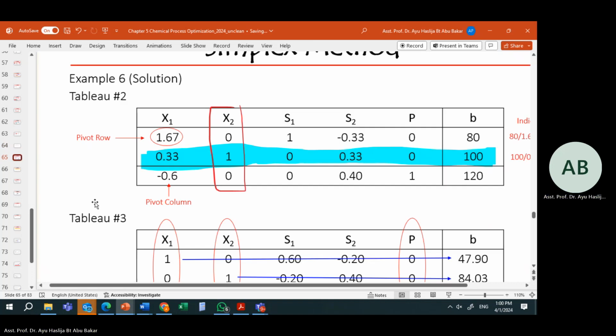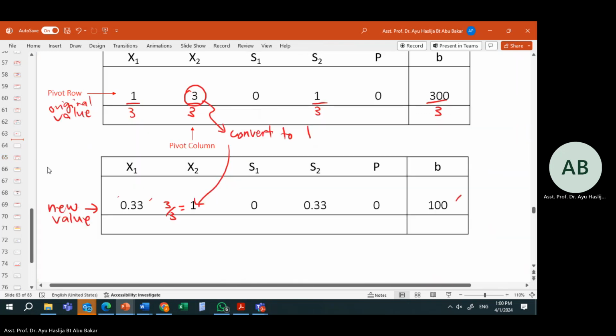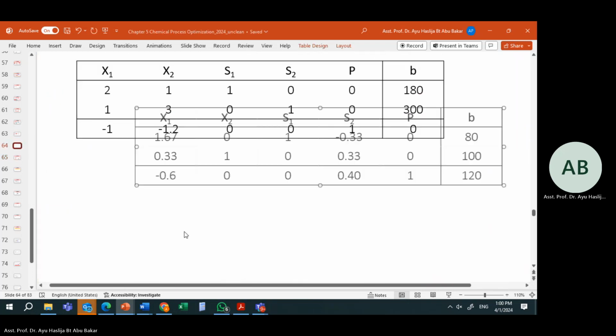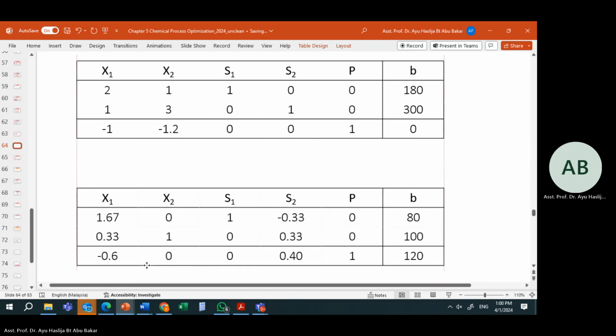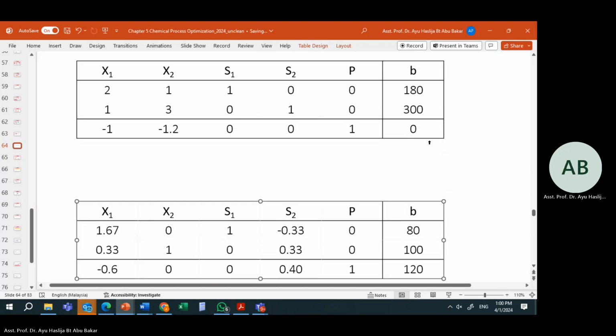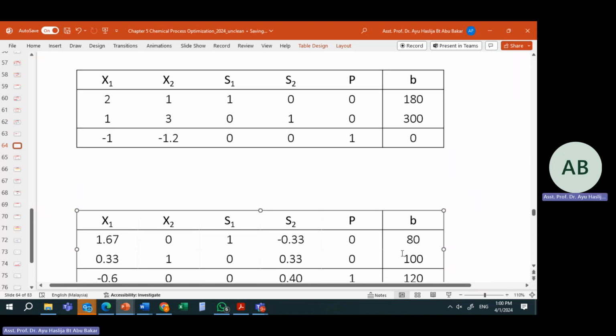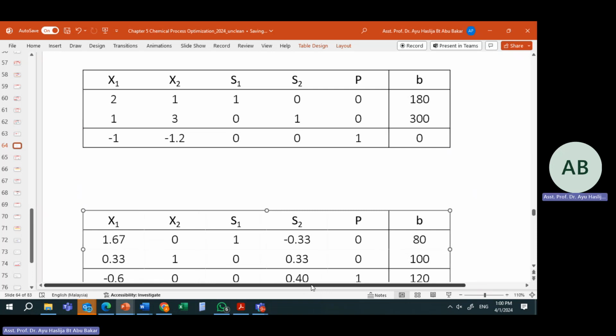Now how should we convert those values to 0?